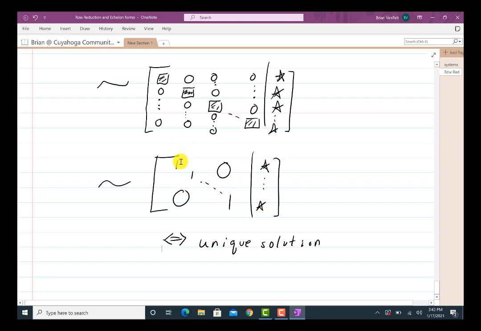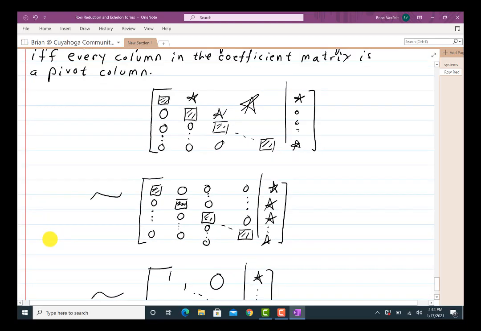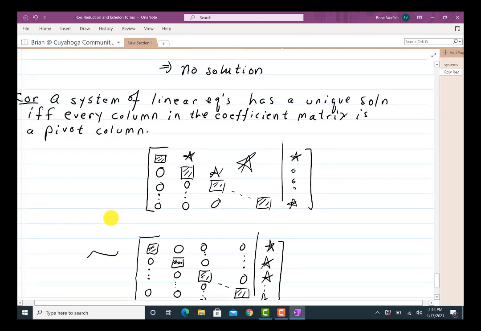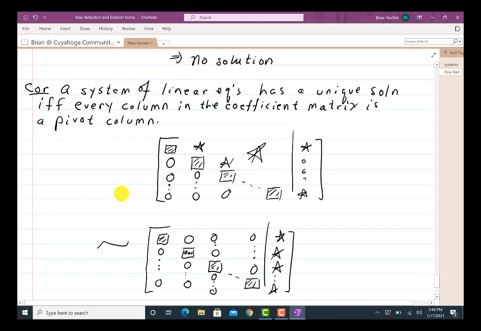From there, I could reverse the row operations to put it back to the original matrix that I had. Even if I had rows of zeros underneath, which could I have that? Yes, I could have rows of zeros underneath. It wouldn't have mattered. The system would have had too many equations in that case, and they simply got erased out. So you can see that this is what we're looking for. If we can get a pivot position in each column, you know you're going to have a unique solution.